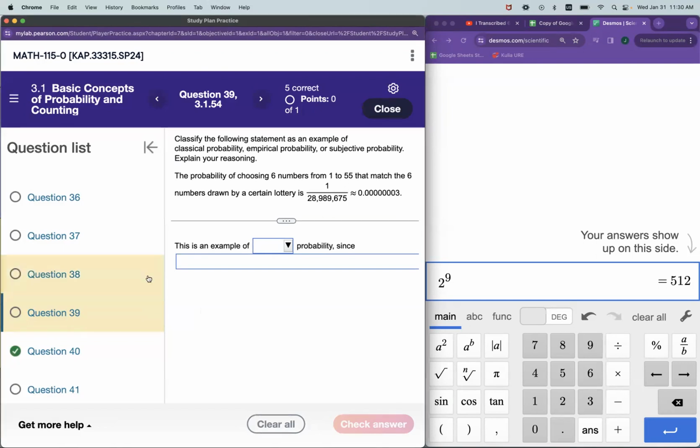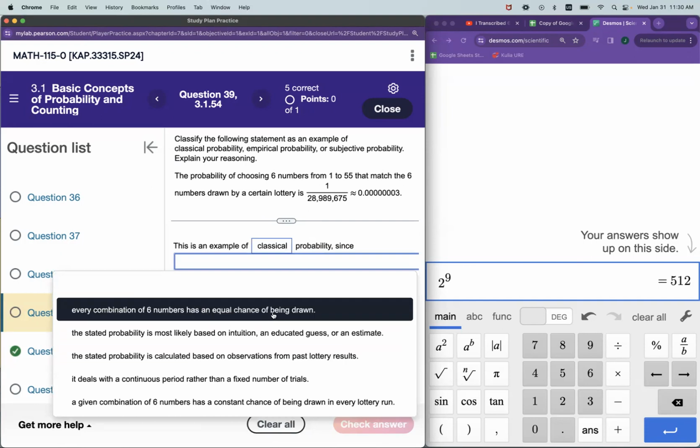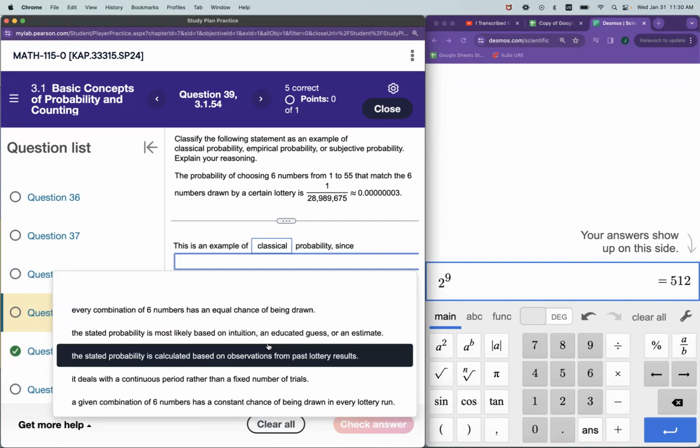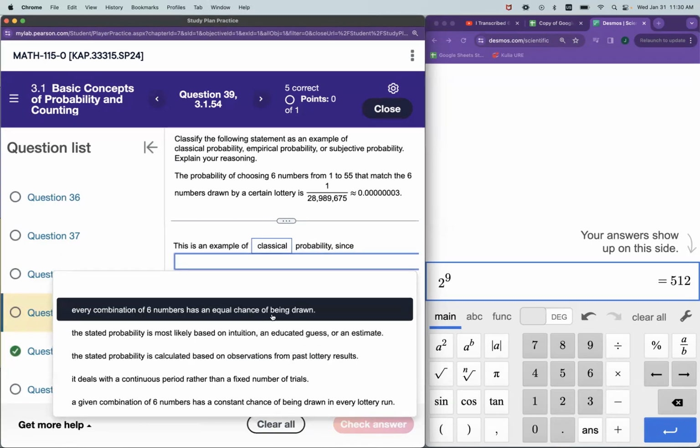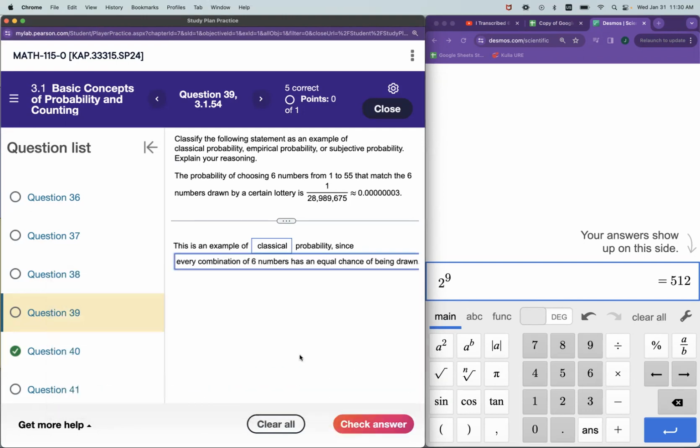Okay, this is just a calculated probability. That would be classical. You're not gathering evidence. And yeah, every number has an equal chance of being drawn.